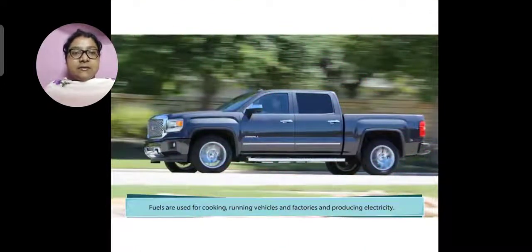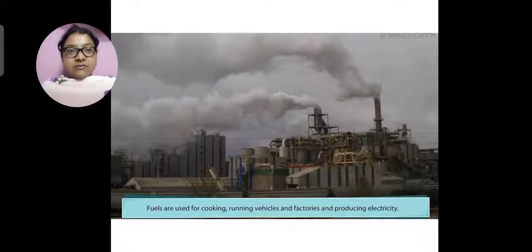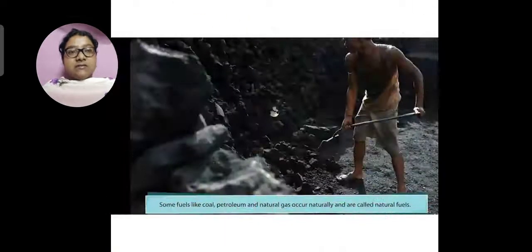We use these fuels in vehicles, so vehicles are run by using these fuels. We also use these fuels in factories and industries to run several machineries and equipments, and in factories to produce electricity.